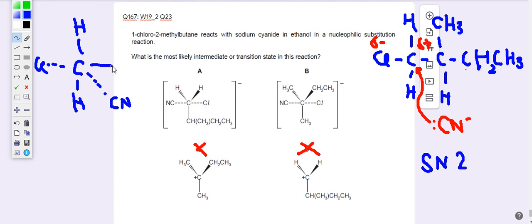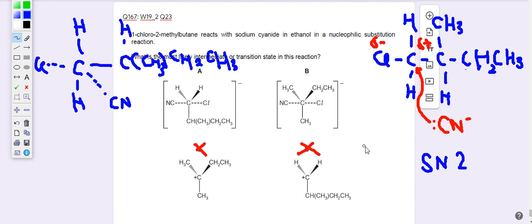Then you have the big R group here: C bonded to H, bonded to CH3, bonded to CH2CH3.